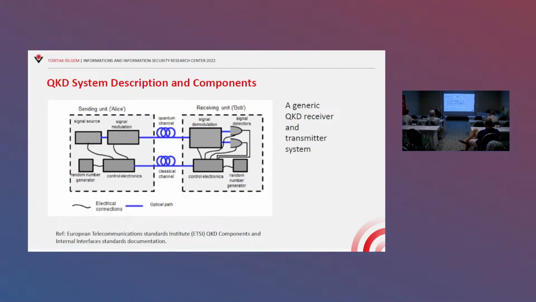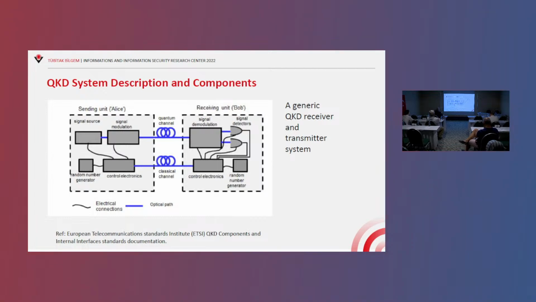And the modulator is where this signal is encoded on the quantum particle, in this case a photon. And then all of these protocols include a random number generator as well, and control electronics to control the modulator, the signal source, and the random number generator.